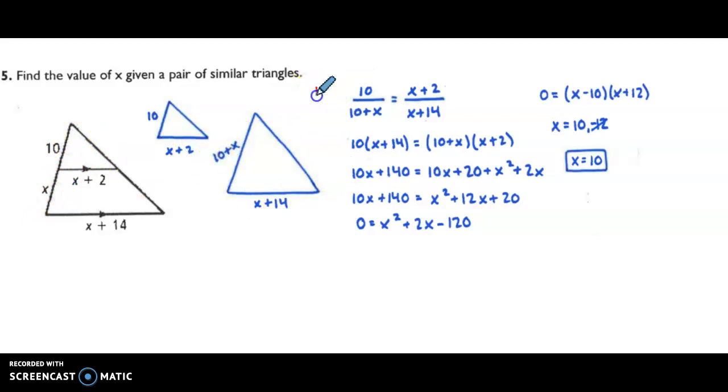So many times I see some students do this, 10 over x. That's not right, okay? The whole side for the larger triangle is 10 plus x. So whenever you see problems like these, I think it's helpful to redraw it into two separate triangles, okay? And then you have your setup here, all right?